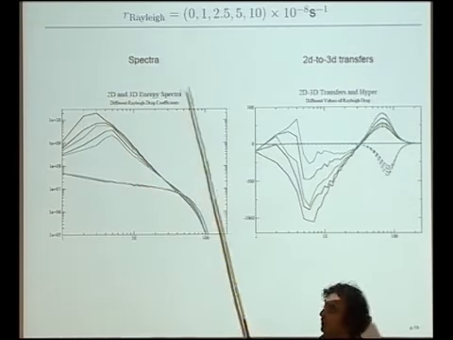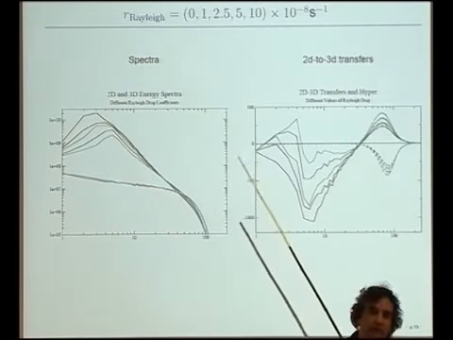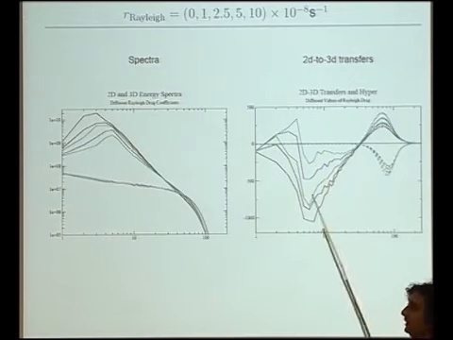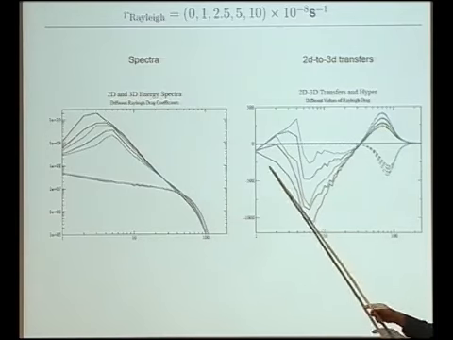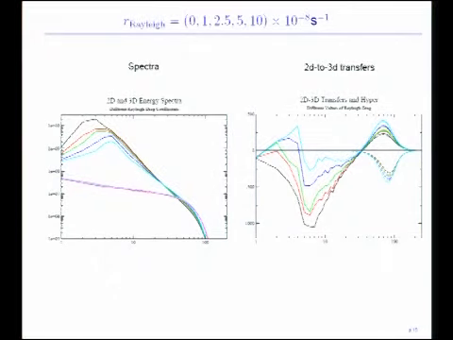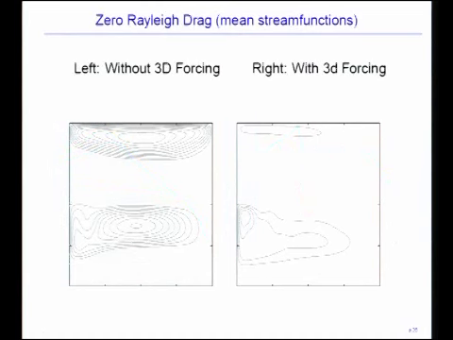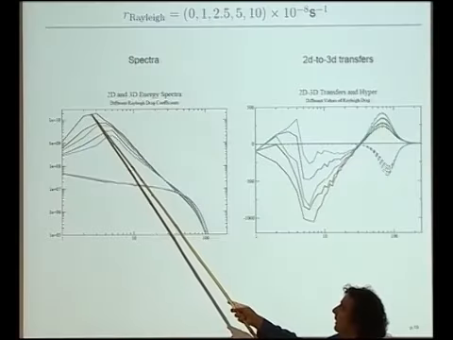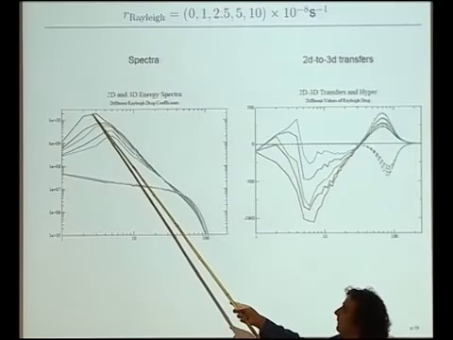Okay, so as you decrease the Rayleigh drag, as you expect, the solution kind of runs away. It gets more and more energetic. The 2D flow gets more and more energetic as there's less and less Rayleigh drag. But my main point is that this runaway, if you will, is a lot less strong than it would be in the purely 2D case, where I don't have this additional transfer mechanism coming in to provide an additional sink.